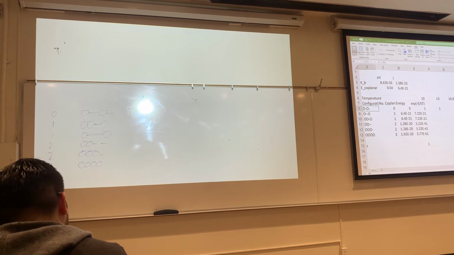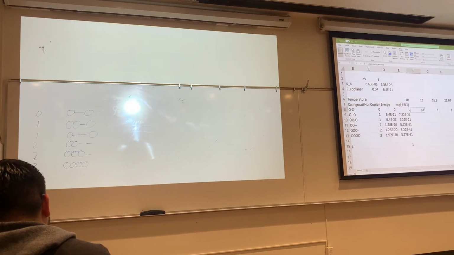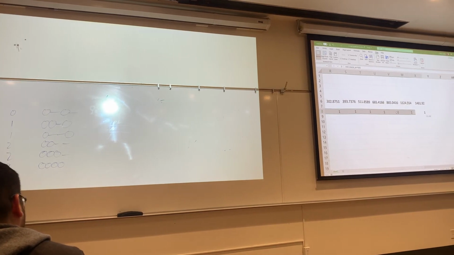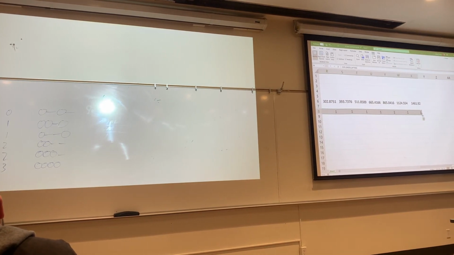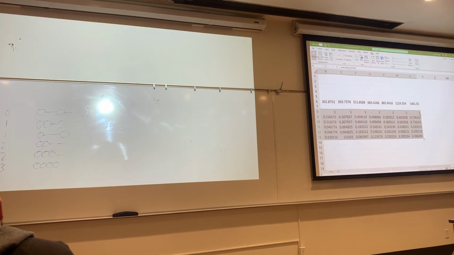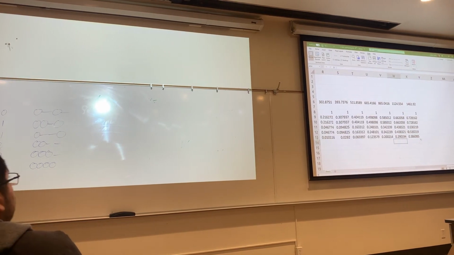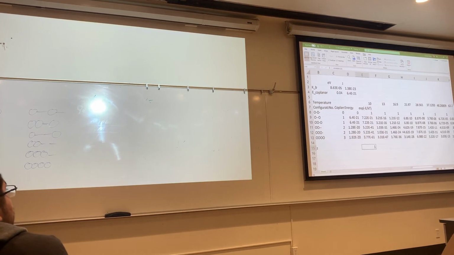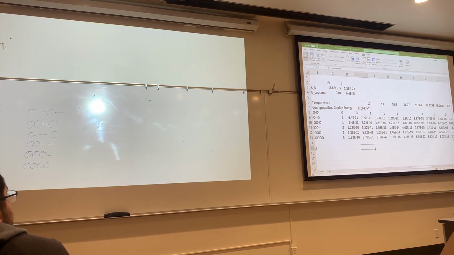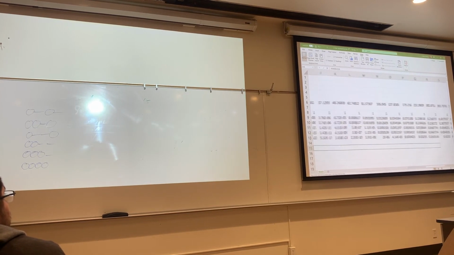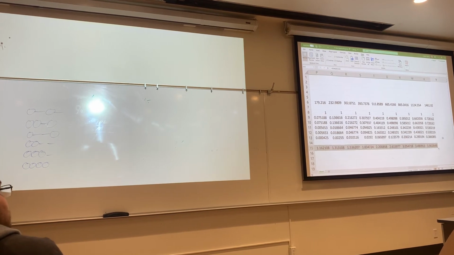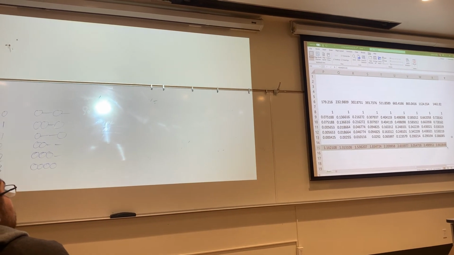But if I go down with these ones here, I'm getting some values which change. And then I can of course do the same thing here with my canonical partition function. And you see, the canonical partition function will change with temperature.